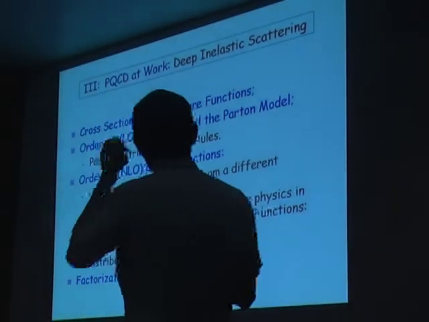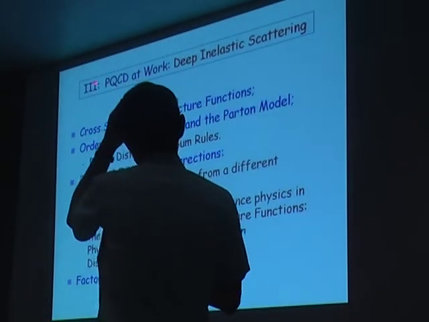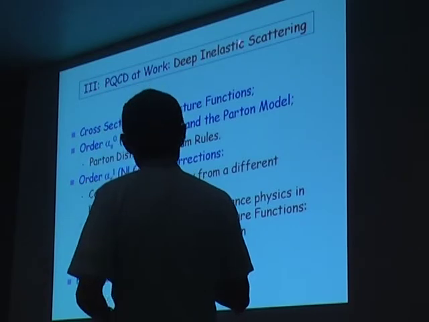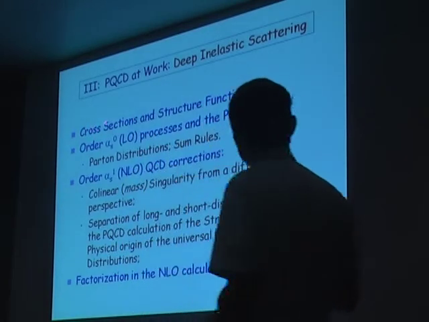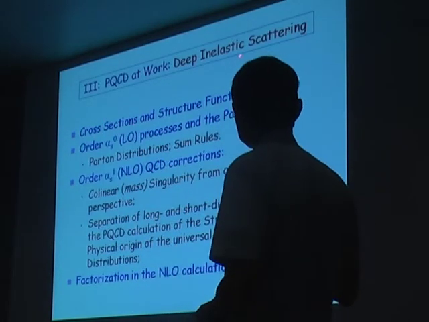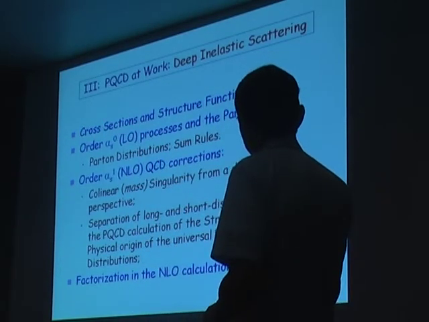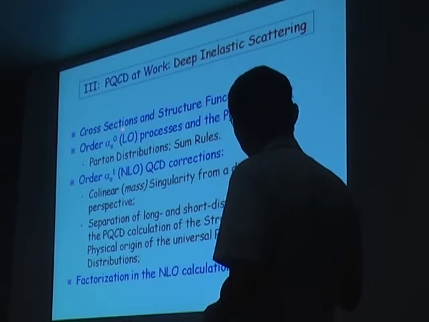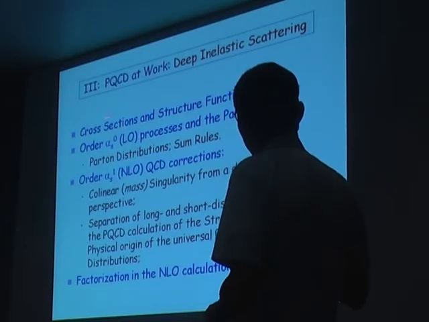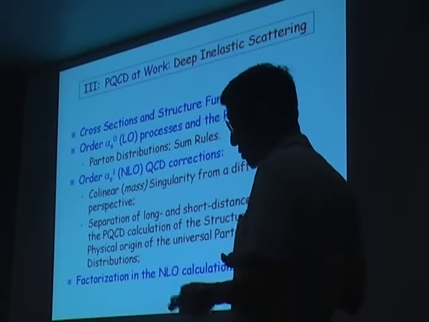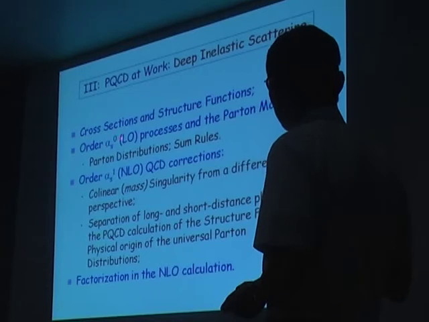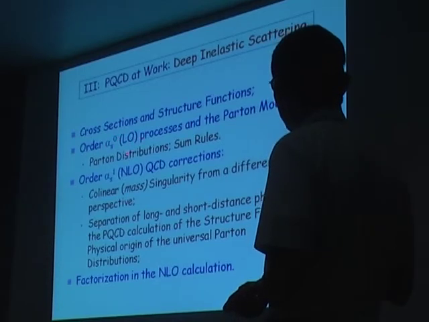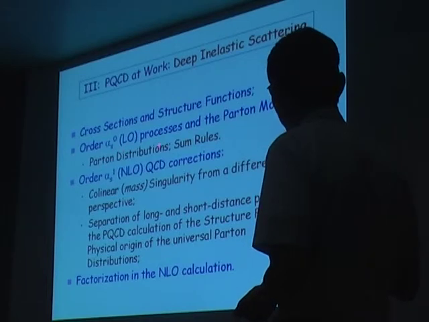So we're now moving into the third part of the lecture, which is on deep inelastic scattering. Because deep inelastic scattering is such an important process, I will spend a little bit of time on the cross-sections and structure function definitions. And then the alpha_s^0, the leading order part, of course, still is a parton model, so we'll spend very little time on that.